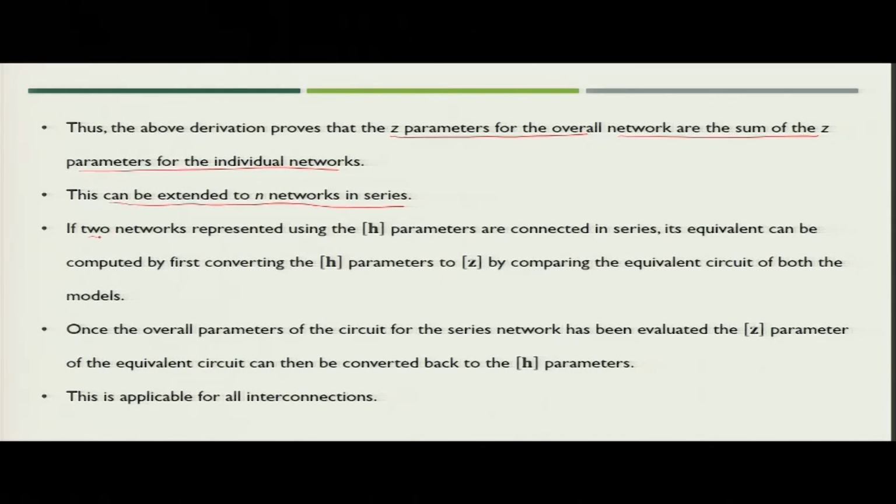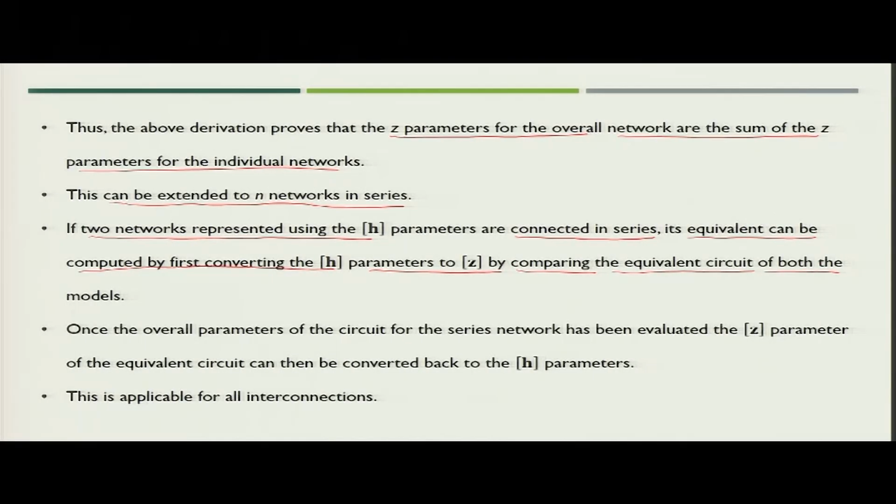Now, if the two port networks are represented using any other parameter, say h parameters, since we know that the networks are connected in series, the best thing is to first convert the h parameters into the corresponding z parameters of the individual networks, and then use the summation of the z parameters to get the overall z parameters of the network.